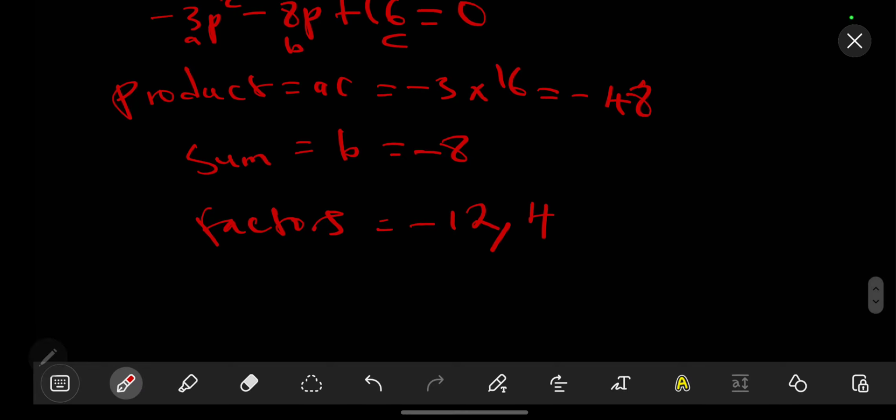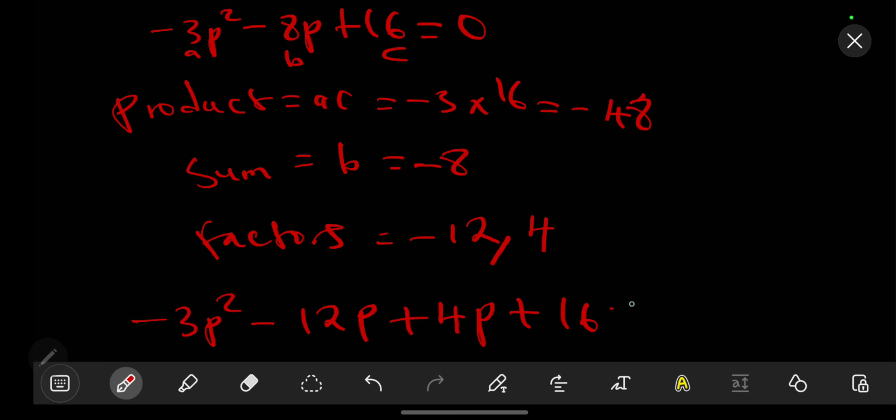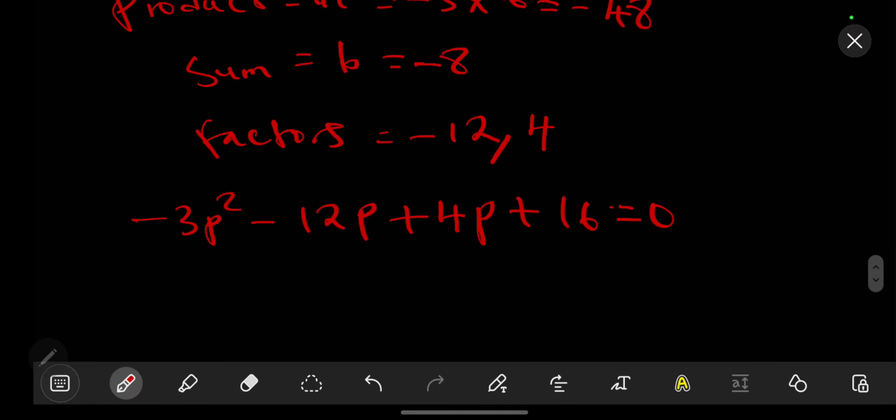With that said, where there is b, we replace it with these values. So we have negative 3p squared, minus 12p, plus our 4p also, then plus 16, which should be equal to 0. We are finding our critical values.